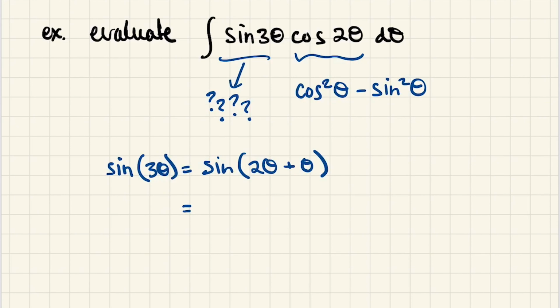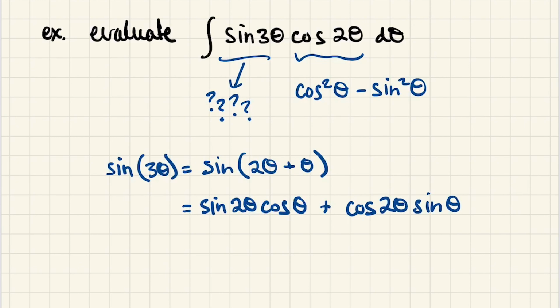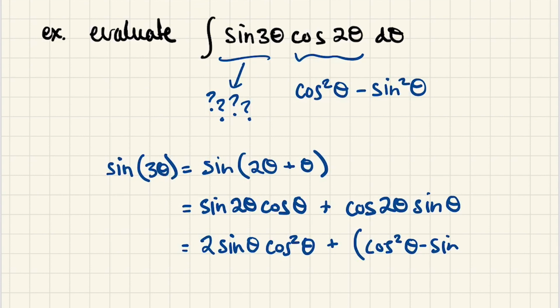So this would be sine of the first thing, cosine of the second thing, plus cosine of the first thing, sine of the second thing. And now we can say, oh, well, sine of 2 theta is 2 sine theta cosine theta. So that would be cosine squared at this point. And over here we have cosine of 2 theta, which is cosine squared minus sine squared times sine of theta.